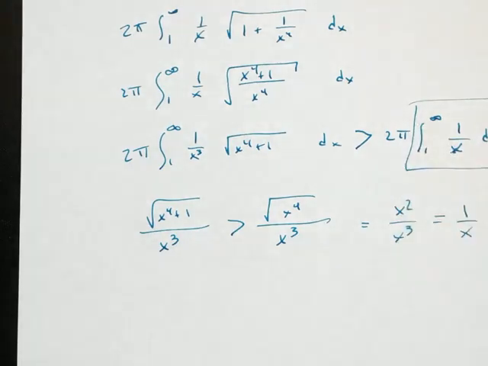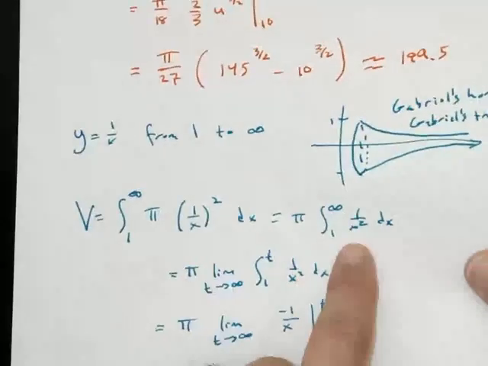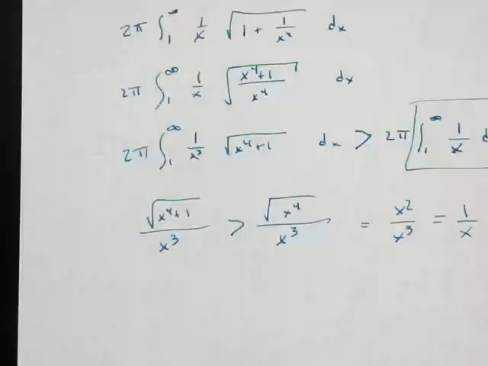What do you know about that integral? No. The integral that was pi was the integral of 1 over x squared. This is the integral of 1 over x.